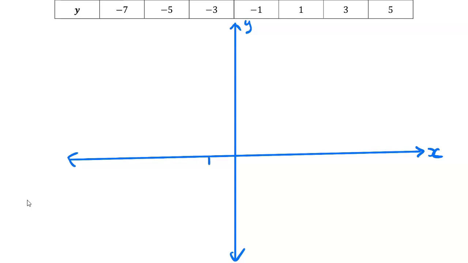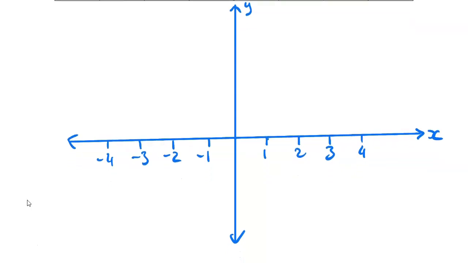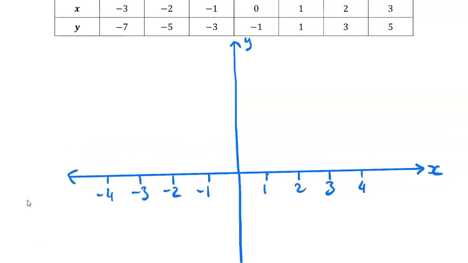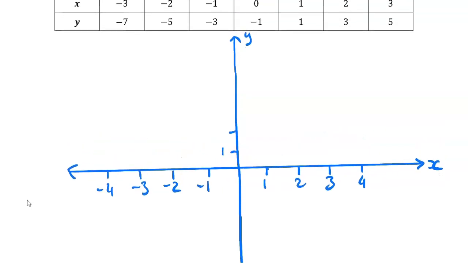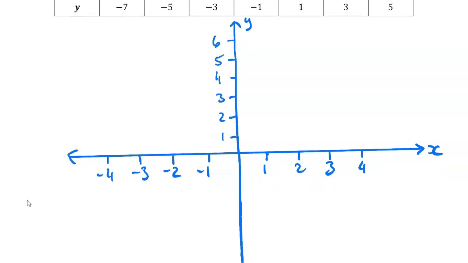Okay. And -1, -2, -3, 4, 1, 2, 3, 4. Okay, oh, I don't think I've gone down far enough, so I might need, after all of that, okay, so 1, 2, 3, 4, 5, 6.